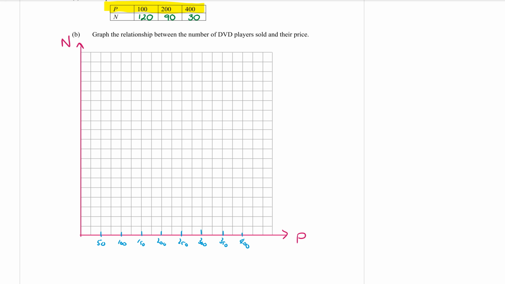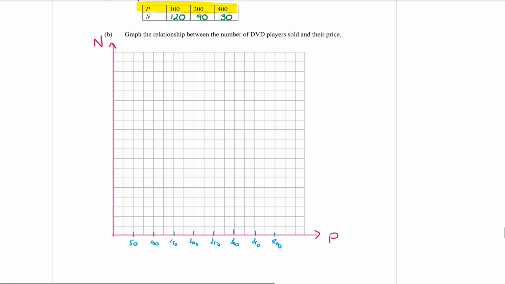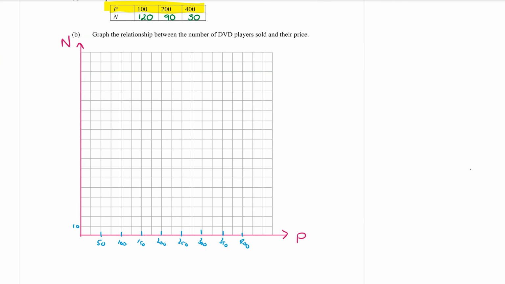Maybe I could go up by tens. So I'll go 10, 20, 30, 40, 50, 60, 70, 80, 90, 100, 110, 120. Okay, so you want to make sure that you're picking a scale that is spreading your graph out as much as you can, but still is going to fit on the graph paper provided.